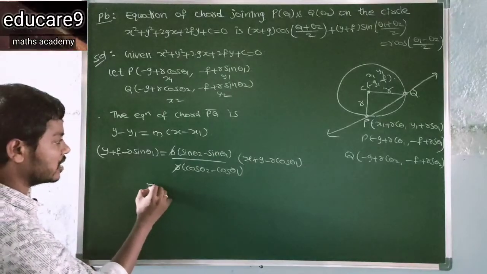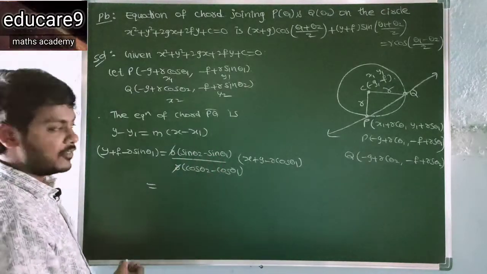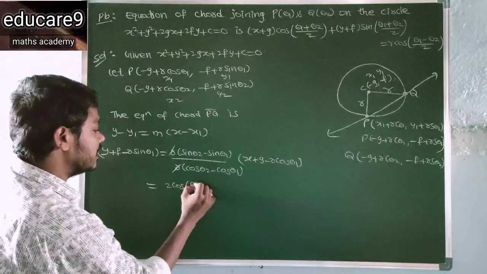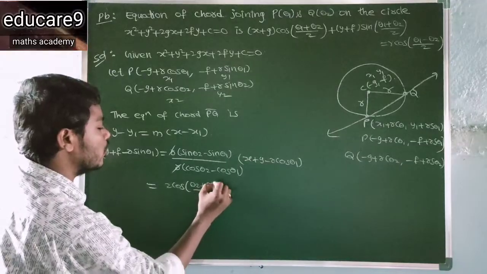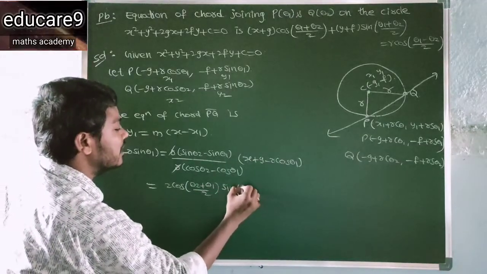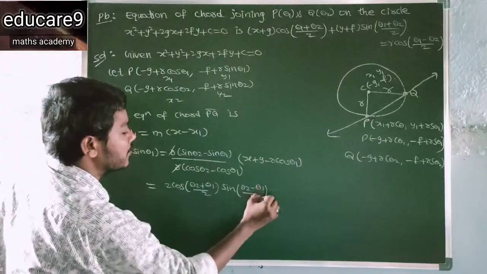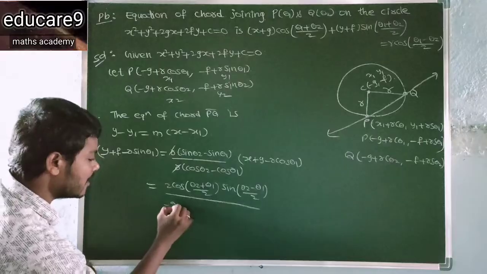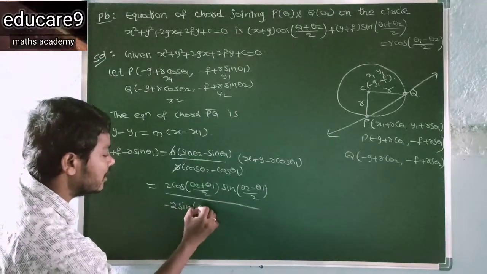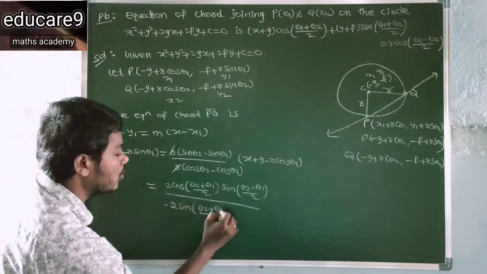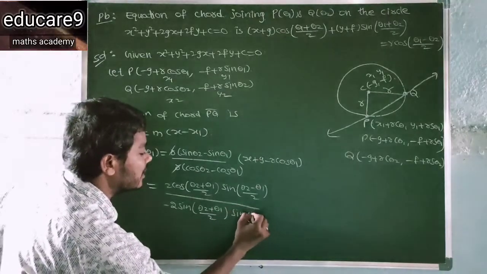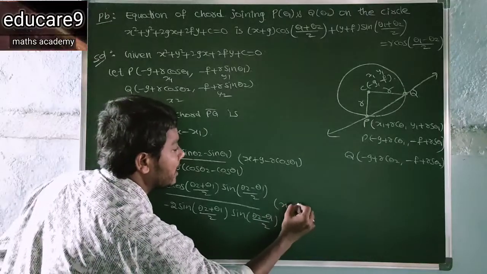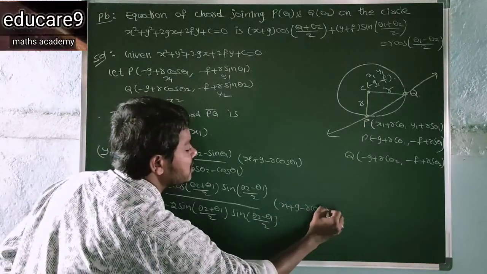Now this is the sin C minus sin D form, that is 2 cos of (theta 2 plus theta 1) by 2 sin of (theta 2 minus theta 1) by 2, divided by the cos C minus cos D form, that is minus 2 sin of (theta 2 plus theta 1) by 2 sin of (theta 2 minus theta 1) by 2, into x plus g minus r cos theta 1.